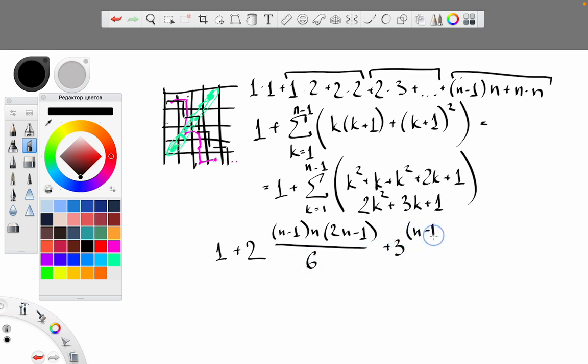The sum of k is n minus 1 times n divided by 2, and this is just n minus 1.